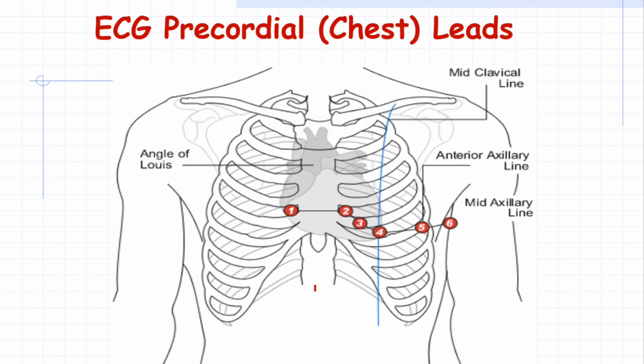So they represent the vertical or frontal plane of the heart. So the limb leads will be the frontal plane leads, and the chest leads will be the transverse or horizontal leads. So this is how they represent the heart in various angles or directions.